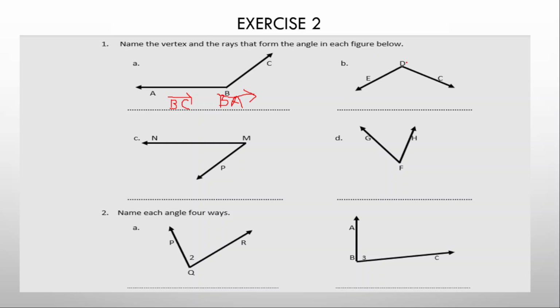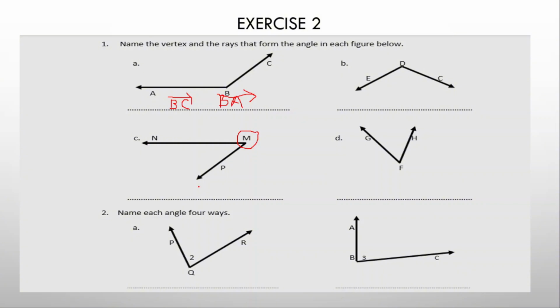Name the vertex. Vertex is G. The two rays DE and DC. Okay, continue with the next one. Name the vertex. The vertex is M. That is our vertex there, M. The two rays MN and MP.